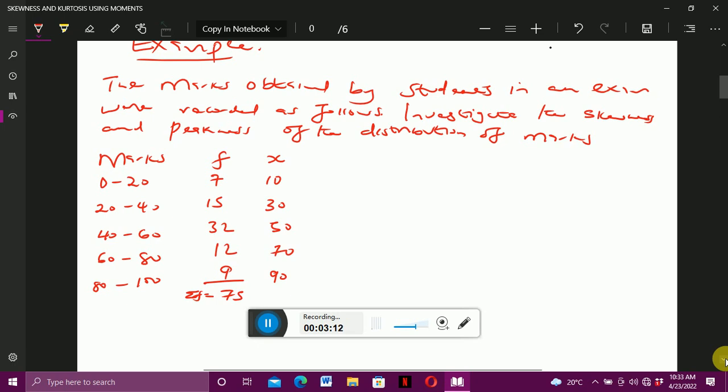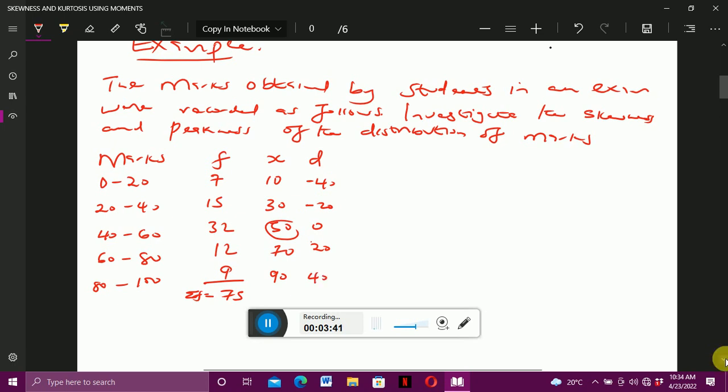We can decide to take 50 as our assumed mean, so that we have some d there. 10 minus 50 is negative 40. We have negative 20, 0, 20, and 40.